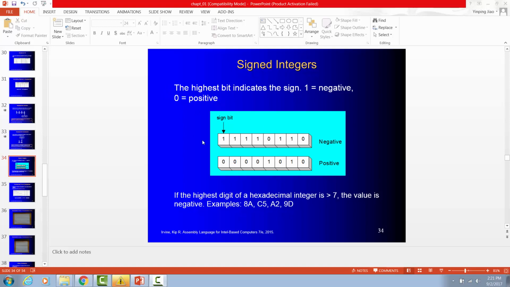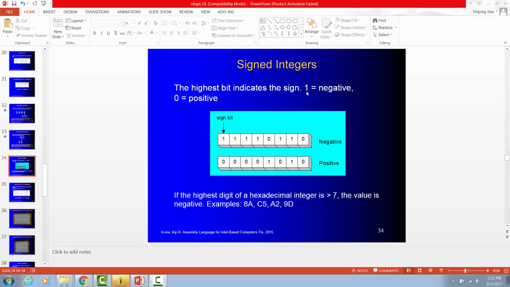Okay, let's take a look at storage for 1 byte. 1 byte is 8 bits. The leftmost bit is called the sign bit, and it's also called the most significant bit. If it's a signed integer, the computer is going to use the leftmost bit to indicate a sign.